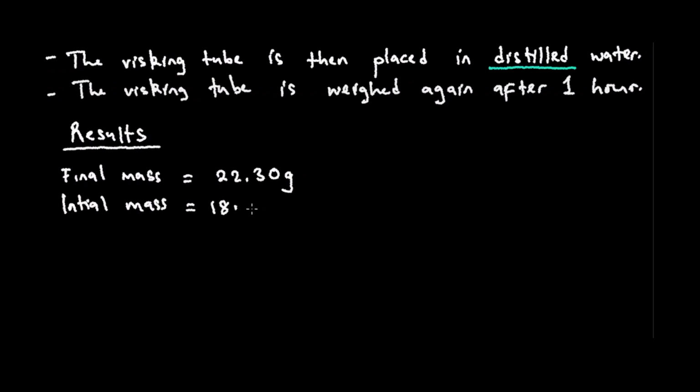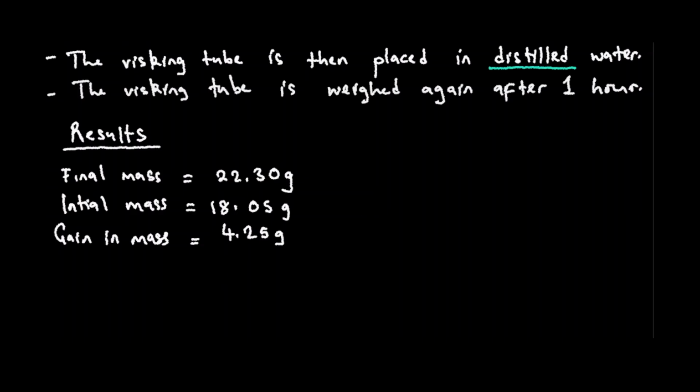Let us say initial mass is 15.05 grams. Saka this gain in mass yakonzereswa nekupinda kwemvura due to osmosis inge the difference of these two, which is going to be 4.25 grams. Saka this is just a sample of results atinogona kuwana.